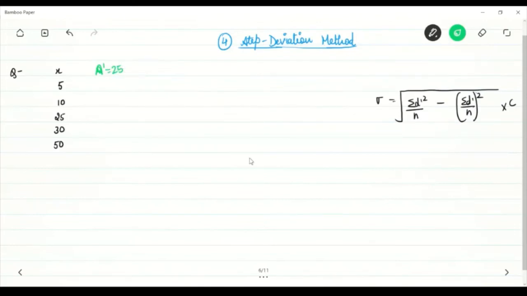In order to calculate d, what was the formula? The formula was x minus assumed mean. The values that we get are minus 20, minus 15, 0, 5 and 25. Now we need to calculate d dash, so the formula is dividing d by 5, that is the class interval.